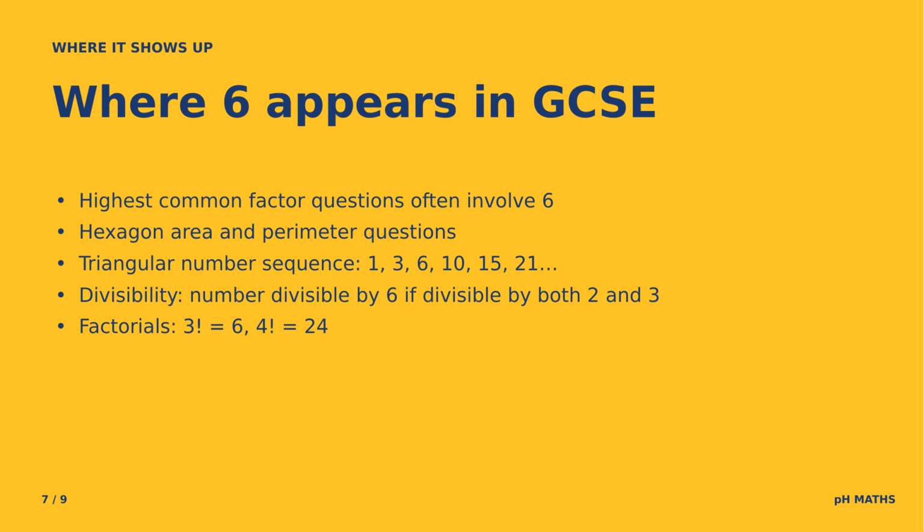Hexagon area and perimeter problems lean on the angle of 120. Triangular numbers 1, 3, 6, 10, 15, 21 turn up in sequence questions. Divisibility, even and digit sum of 3, and factorials, 3 factorial equals 6, 4 factorial equals 24.